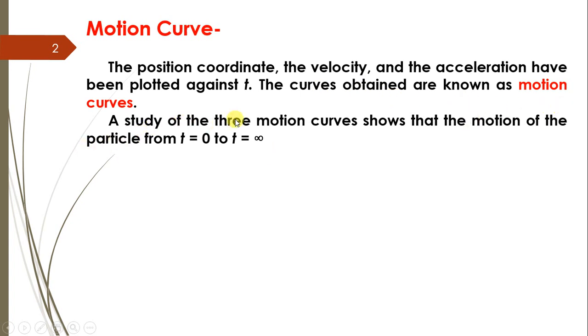A study of the three motion curves shows the motion of the particle from t equals 0 to t equals infinity. Whenever we are plotting position coordinate, velocity and acceleration with respect to time t, the curves obtained are called motion curves.